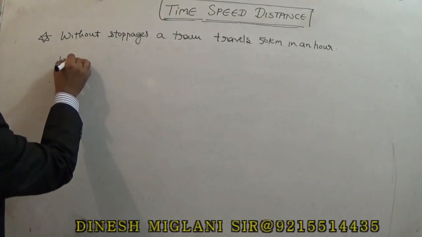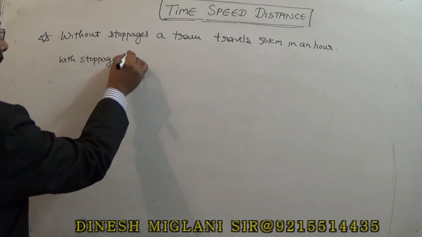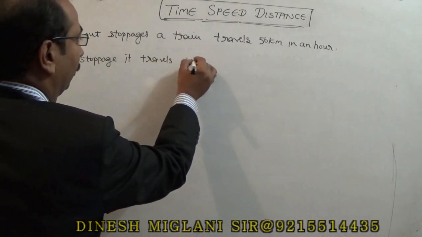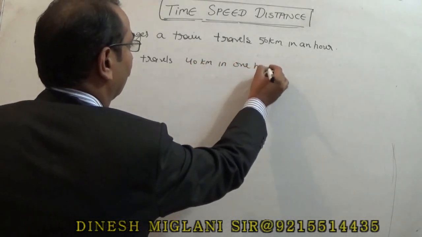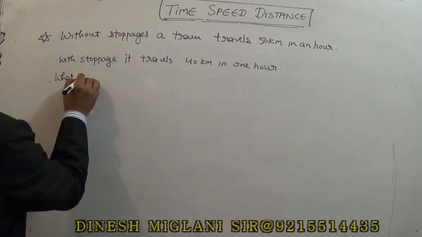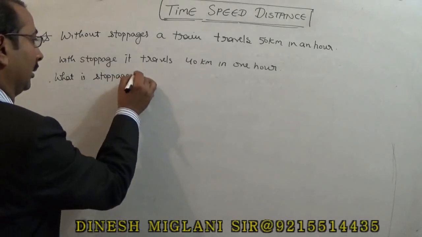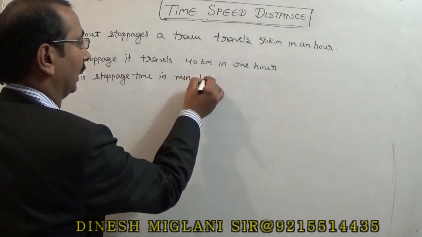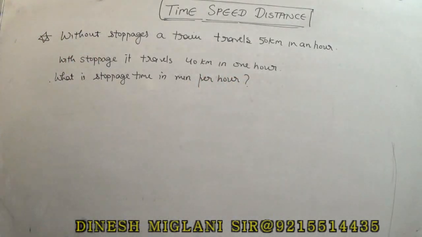With stoppages, it travels 40 km in 1 hour. We have to find out what is the stoppage time in minutes per hour. It means how many minutes he will take as stoppage in an hour.